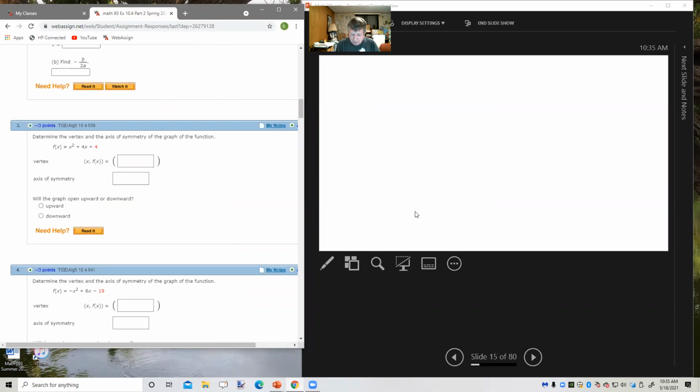Now, what I want to look at today is a different form of a second degree or quadratic equation, and that is the form y equals ax squared plus bx plus c. When an equation is in this form, the axis of symmetry is at x equals negative b over 2a.